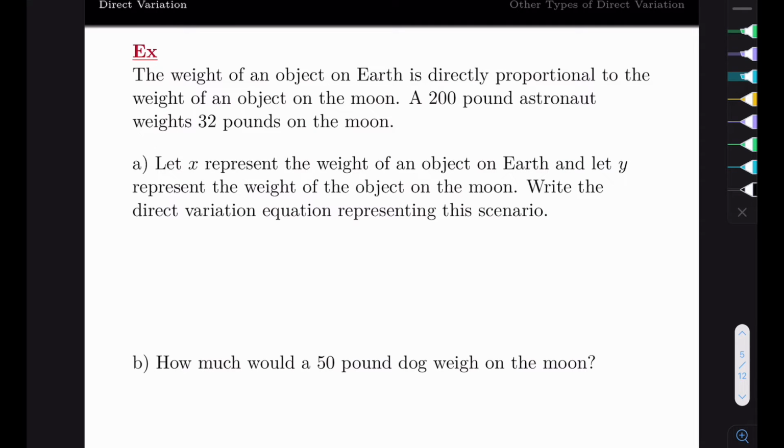And since we have this direct variation relationship, we want to come up with an equation that represents this scenario. So what they tell us is our weight on the moon is directly proportional to our weight on Earth. So X is our weight on Earth, Y is our weight on the moon, and remember, this K is just some constant, but we just don't know it yet. So K is an unknown constant.